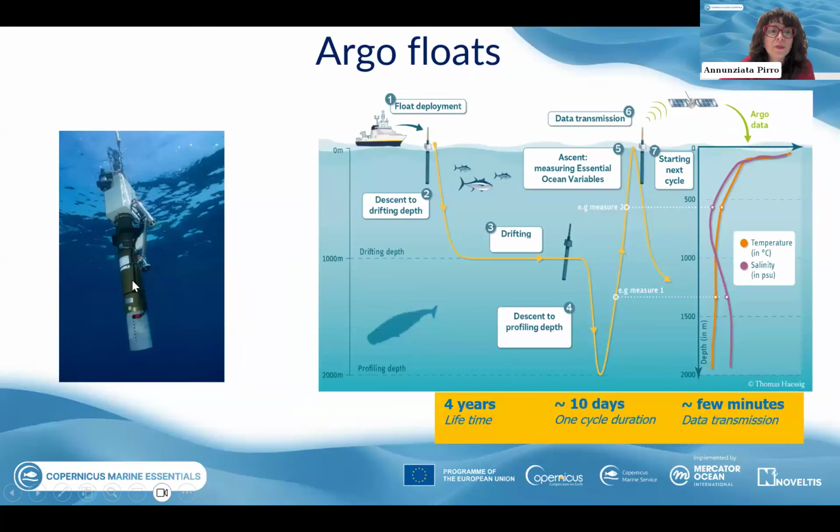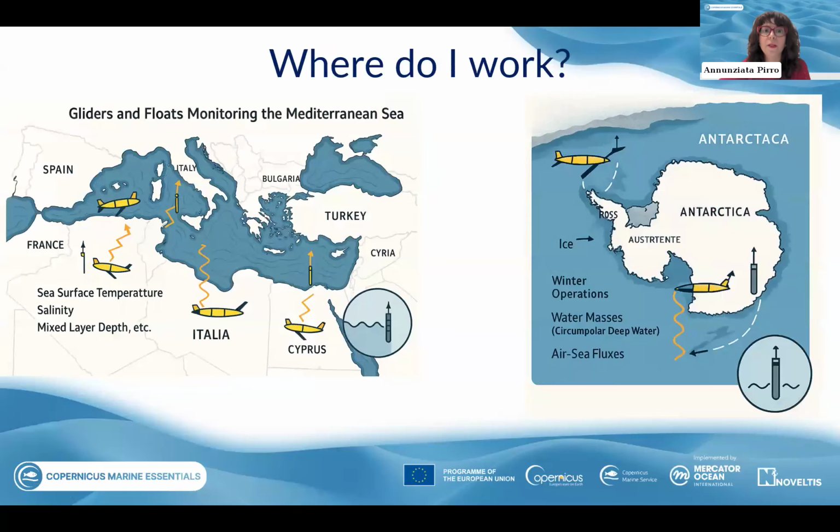While the float, like you can see from this picture here, is a buoy that is released from the boat. It sinks to a depth of 1,000 meters, drifts with the ocean current, and then sinks again to 2,000 meters. While it rises to the surface, it again collects physical and biogeochemical properties of the ocean, and then transmits the data through the satellite.